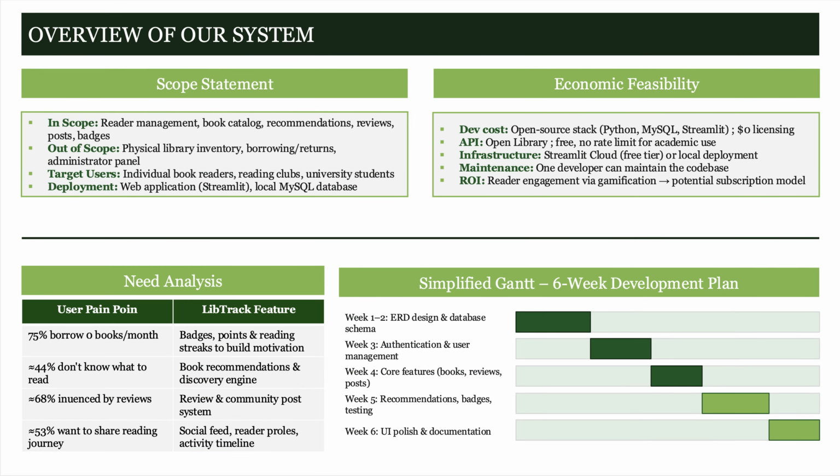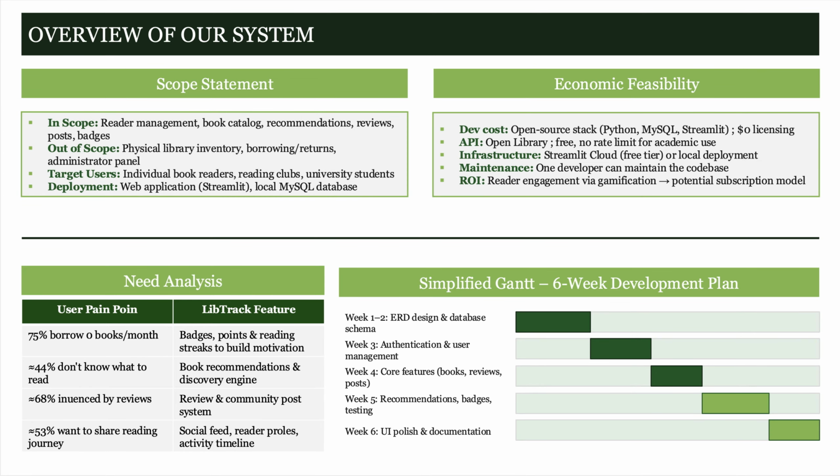Every database system begins with a clear understanding of requirements. Our scope covers reader management, the book catalog, personalized recommendation, reviews, posts, and platform statistics. We explicitly exclude physical library operations such as borrowing and returns. This keeps the system focused and achievable. Our target users are individual readers, reading clubs, and university students, deployed via a Streamlit web application backed by a local MySQL database.